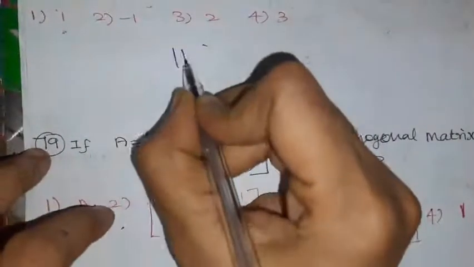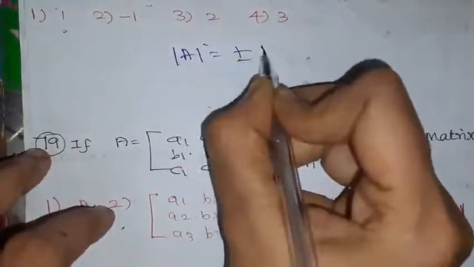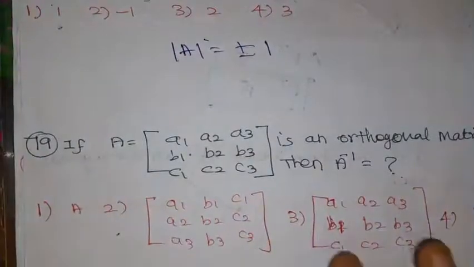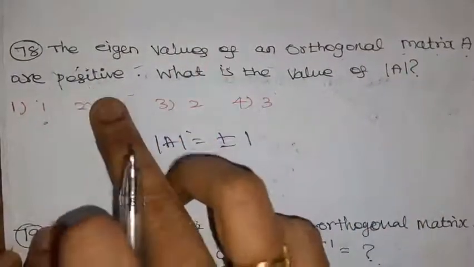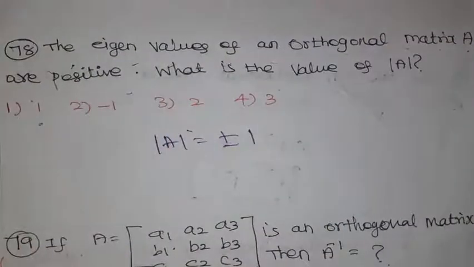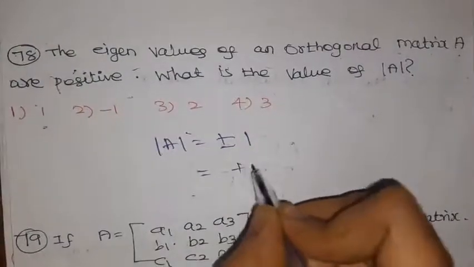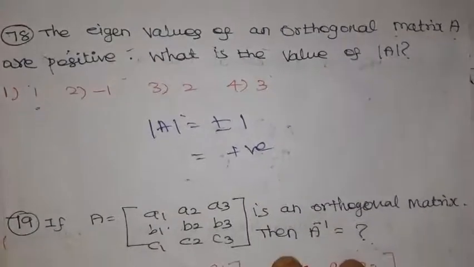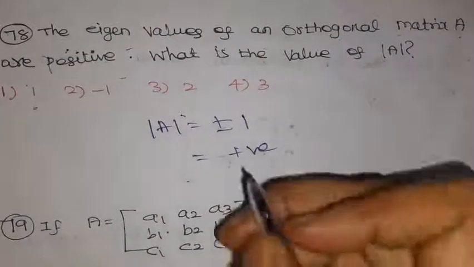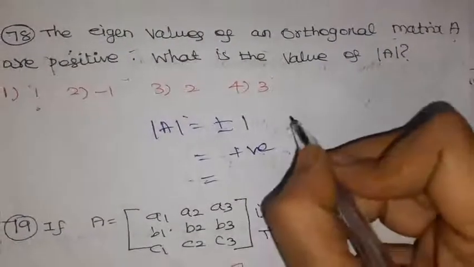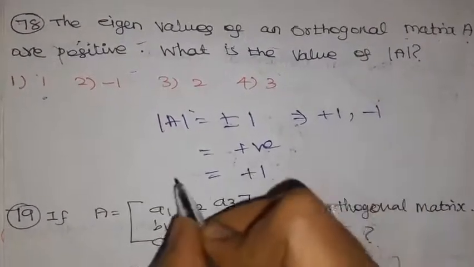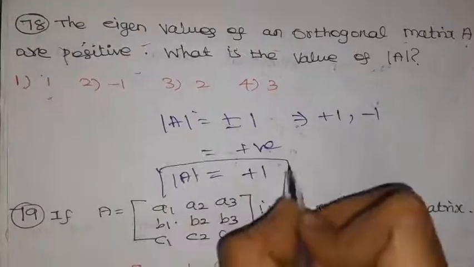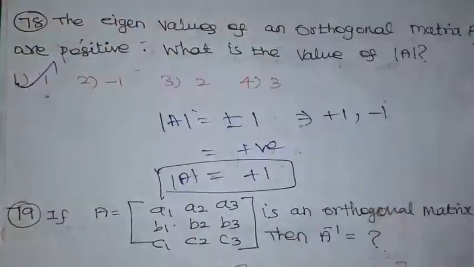Here the eigenvalues are given as positive. So, plus 1 comma minus 1. What is the positive value? Plus 1. So, the determinant of A is equal to plus 1.